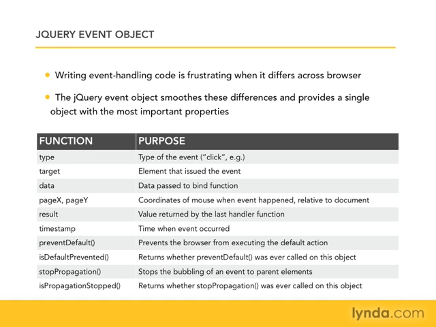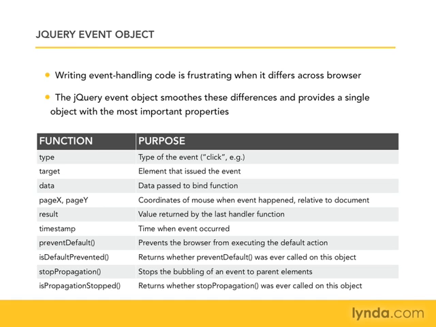And stopPropagation stops the bubbling of an event up to the parent elements. Now, it's beyond the scope of this title to explain event bubbling, but if you're familiar with the DOM level 2, what happens is when an event happens in a child element, and this isn't true of all events, but it's true mostly for mouse events, if the element that it happened on does not handle the event, it will then bubble up, like a bubble in liquid, to the element above it.